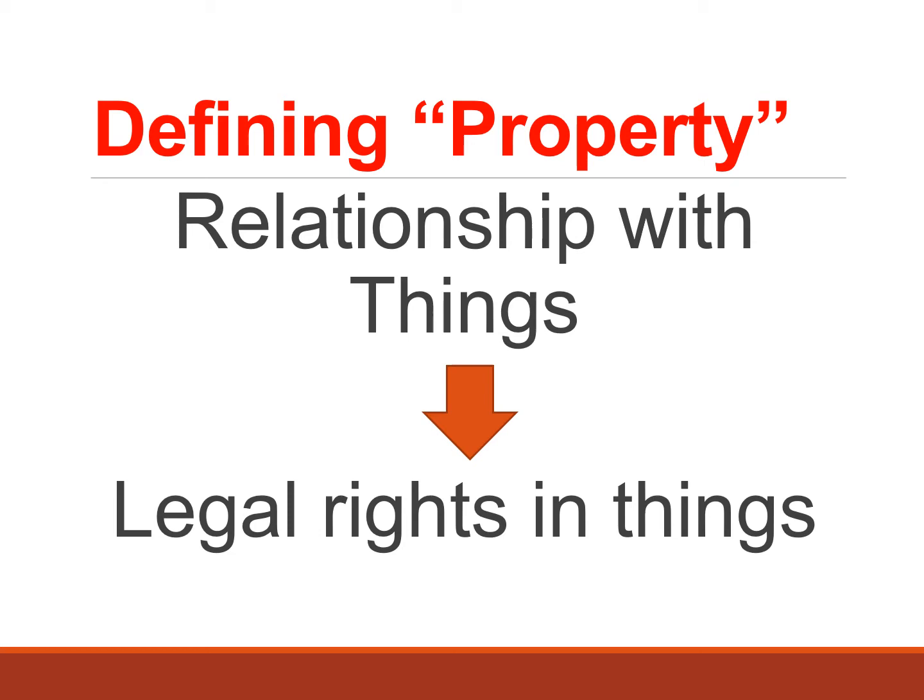They can also have different types of relationships with property. And just like the different types of relationships between humans having different legal rights associated with them, the same goes for property. So the type of relationship you have can help you identify the types of legal rights that flow from that relationship.